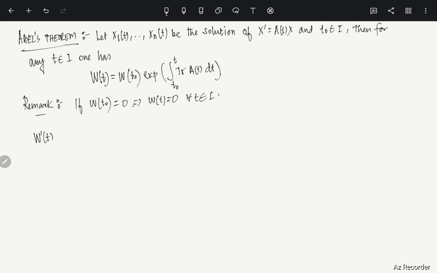So W prime of t is the sum, row-wise, of determinants where the ith row is differentiated: the rows are x11(t) through x1n(t), and so on, with the ith row being the derivatives of the components. This is from week 1.